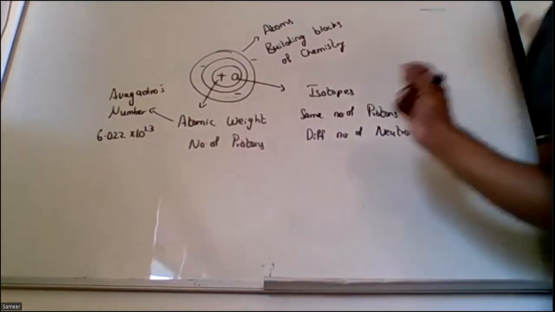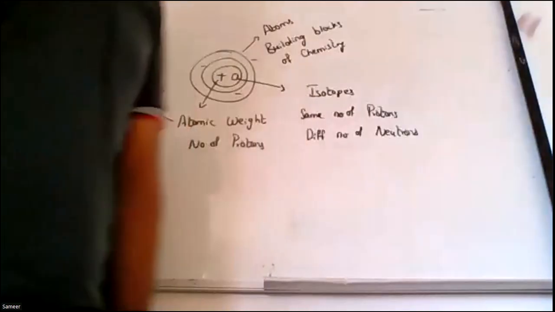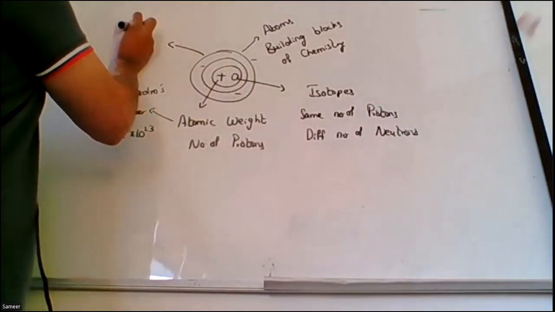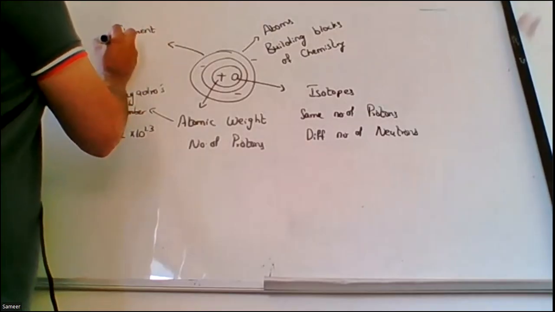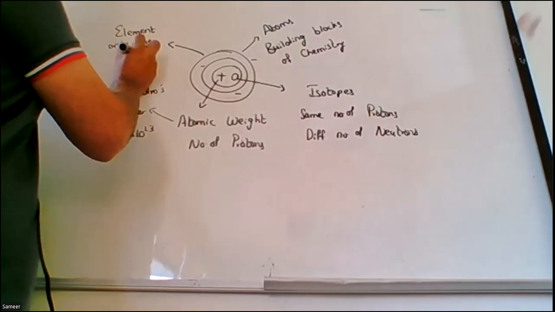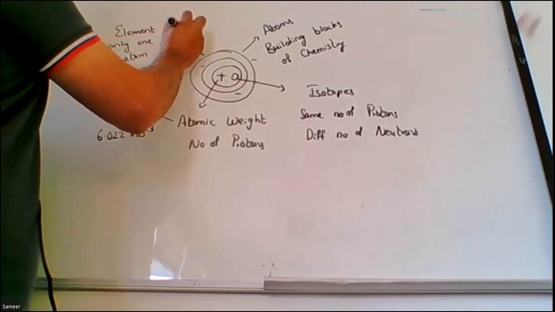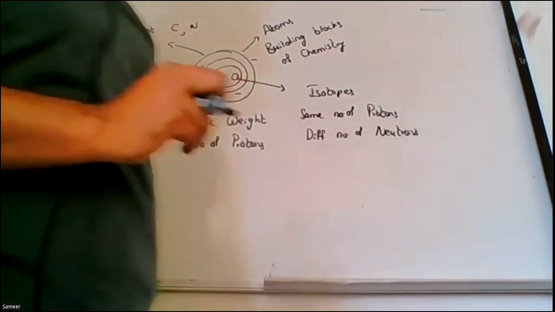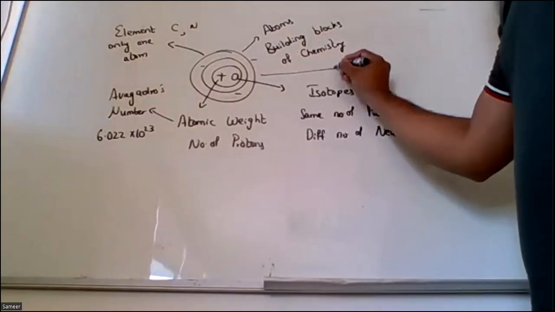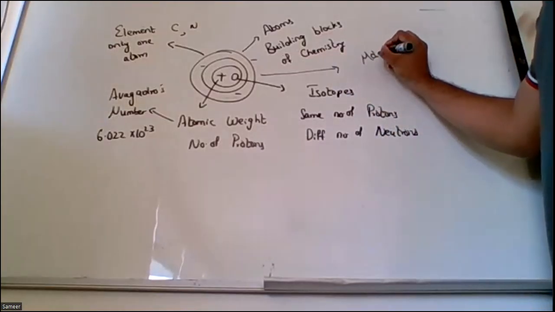Any substance that is composed of only one kind of atom is an element, like carbon, nitrogen. They are elements. Molecules: what are molecules? Atoms in fixed proportions.